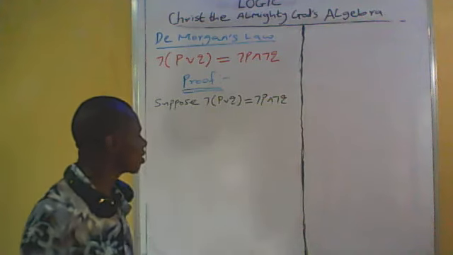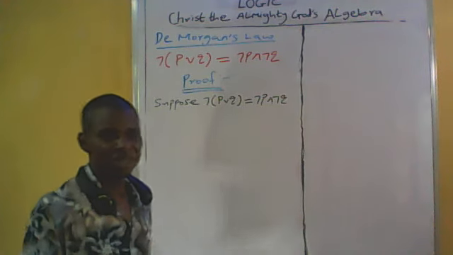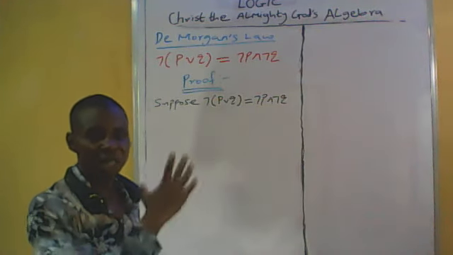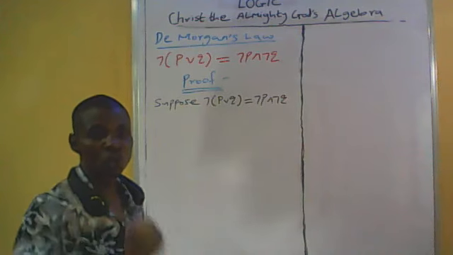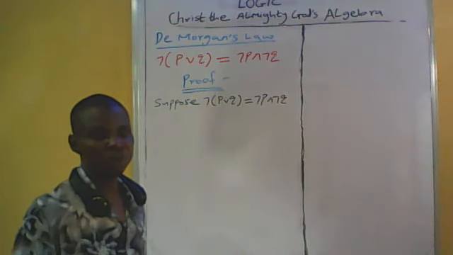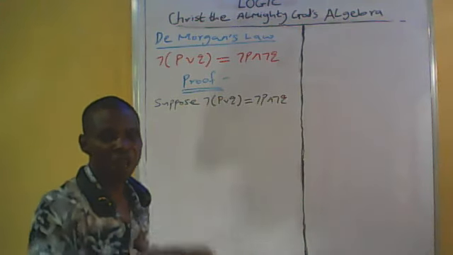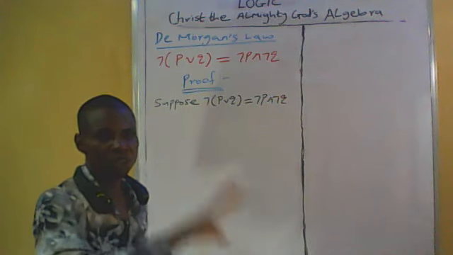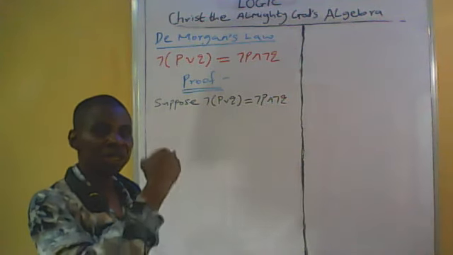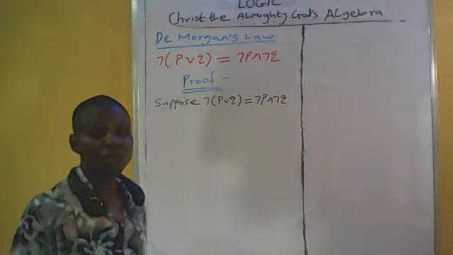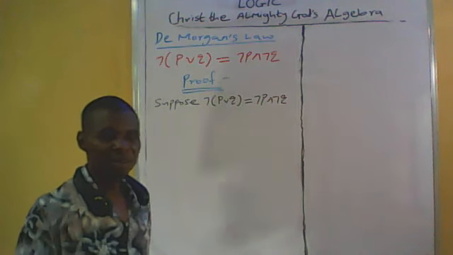Since the statement is logical equivalent, whenever the left hand side of the equation is true, also the right hand side of the equation must also be true. In the same vein, whenever the right hand side is false, also the left hand side must also be false. We say it's logical equivalent.